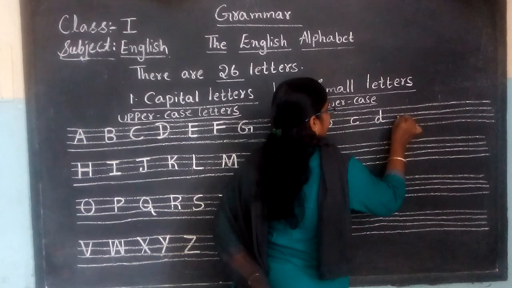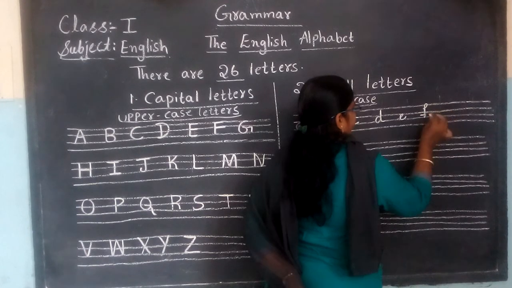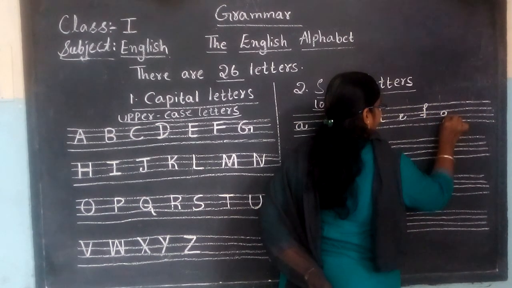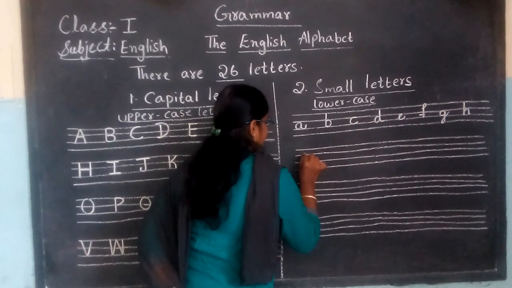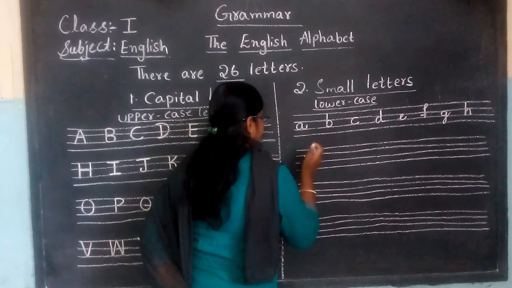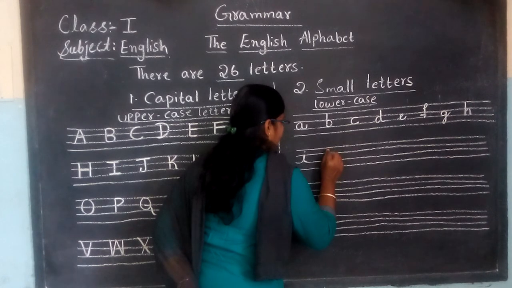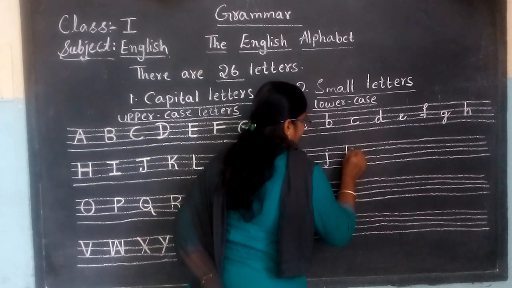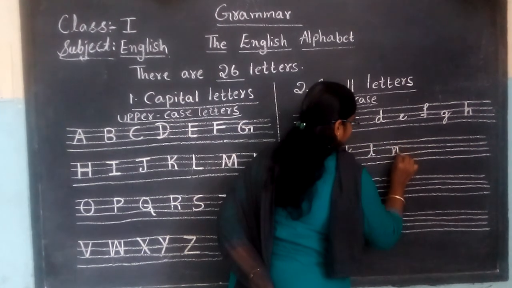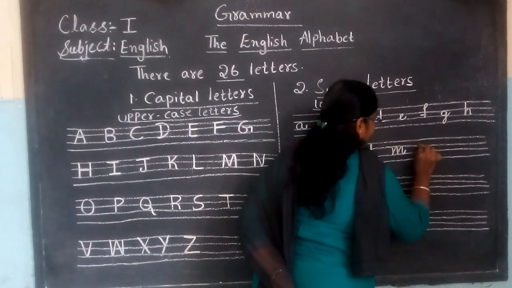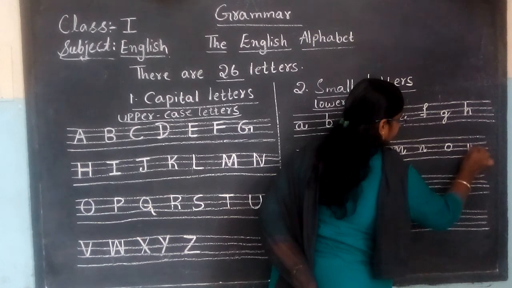D, E, F. G should be down. H, I and J should be down. K, L, M, N, O and P should be down.